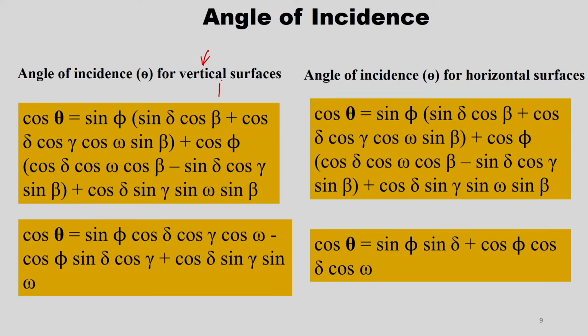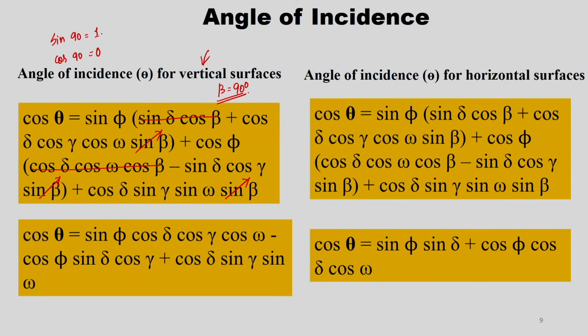So, vertical surfaces beta equal to 90 degree, which is nothing but slope. So, we have this convention sin 90 is 1 and cos 90 is 0. So, if we see the first term, this will go, cos 90 is 0, and then here sin beta becomes 1.